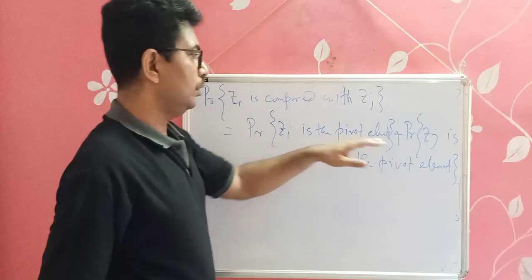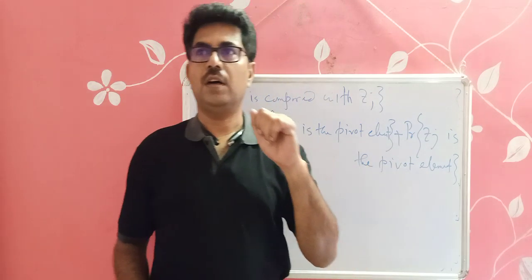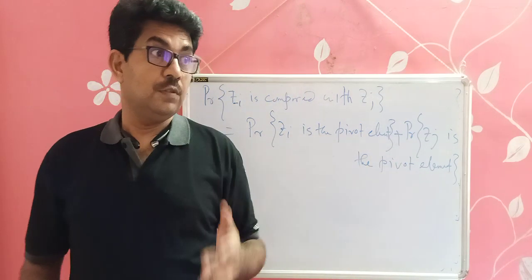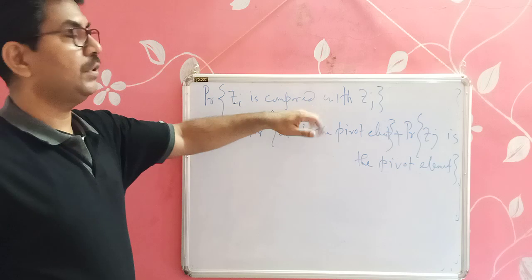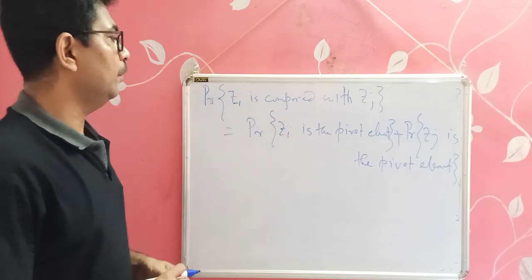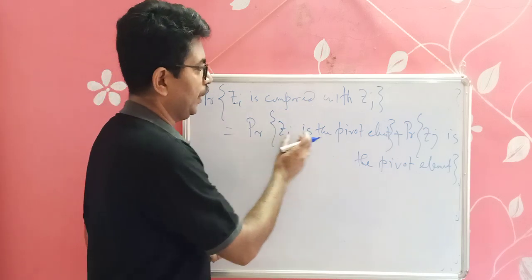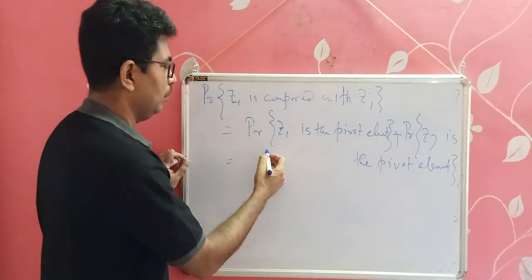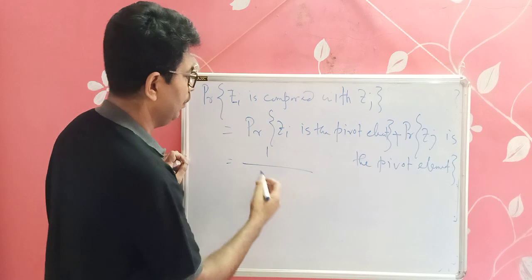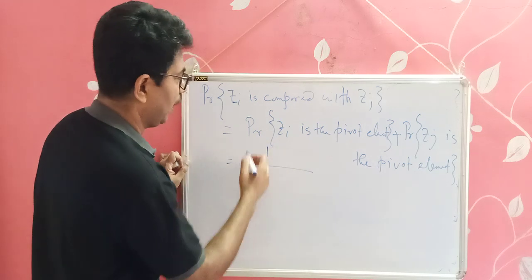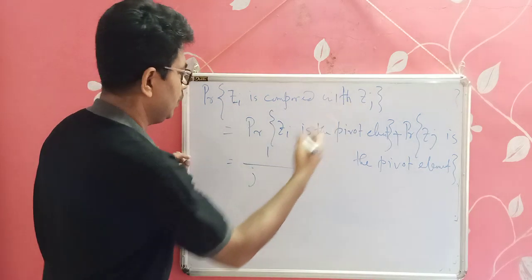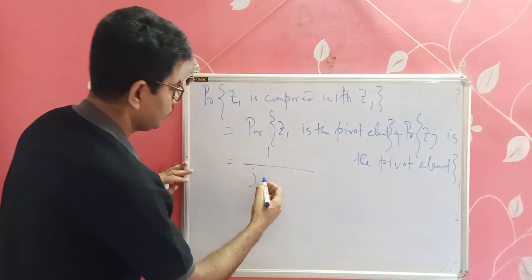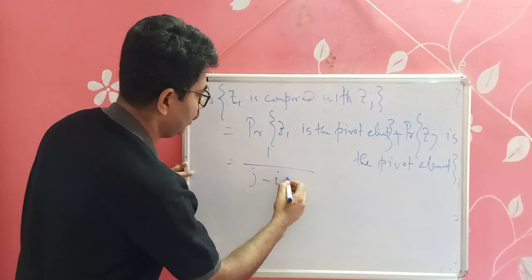Now, since we are considering a normal distribution where all the inputs are independent, choosing a particular element as the pivot element has probability 1 by n. Here n means we have considered Zi to Zj, so j minus i plus 1 elements.